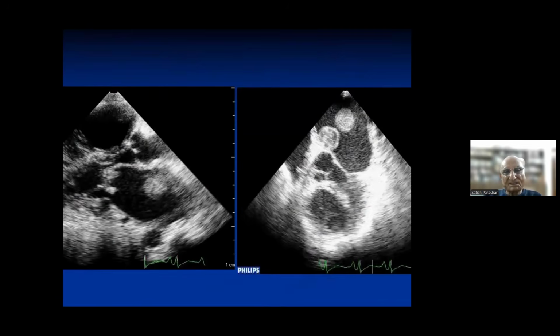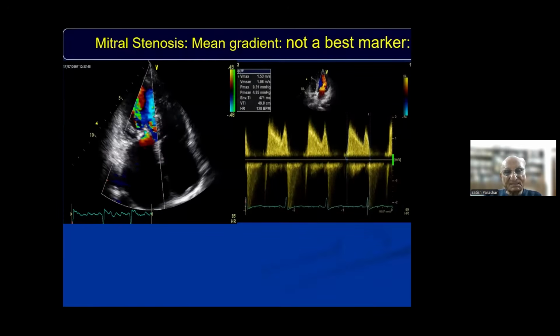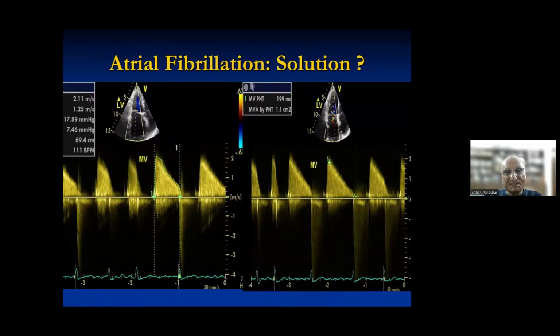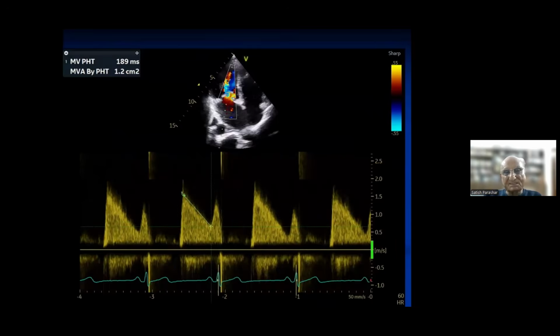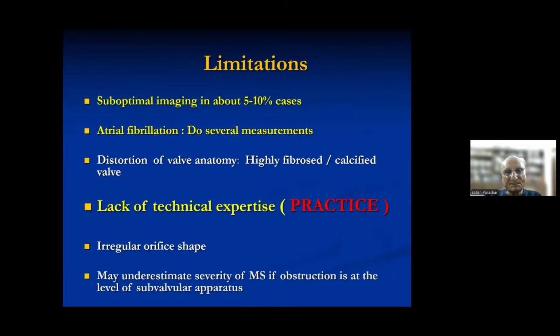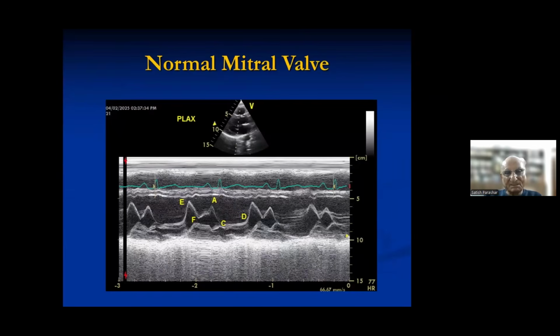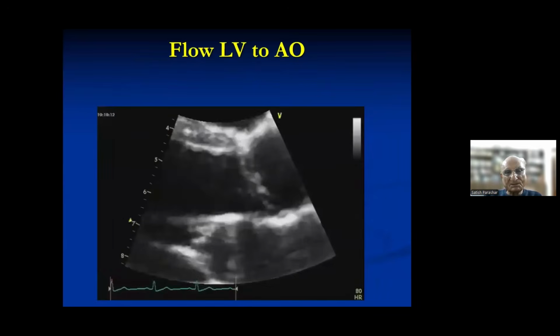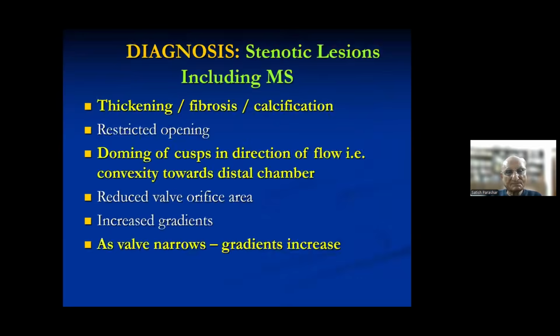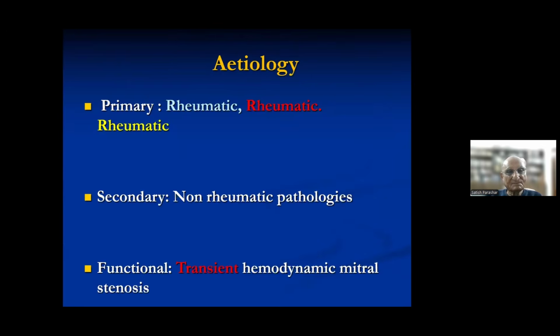The basic thing in rheumatic is that there is involvement of the commissures, which are fused. In non-rheumatic, there may not be involvement of the commissures, because it is not a rheumatic process.